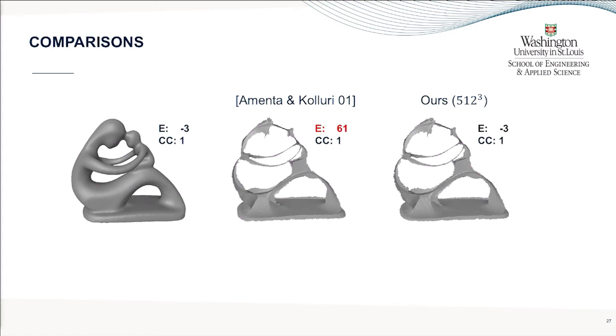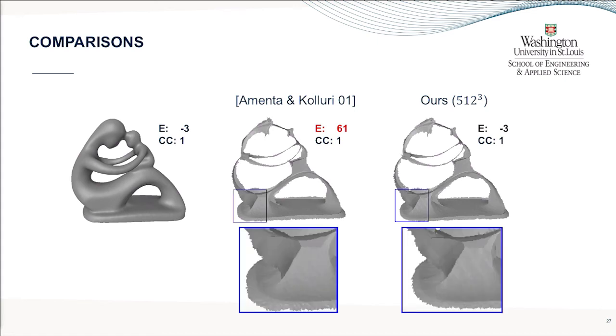I want to point out that the two medial axes are visually very similar, as you see in the zoomed-up view, which is interesting because we take our samples on voxel grids, and you would think that the medial axis would look blocky, but it turns out to be quite close because as you increase the voxel resolution, you get closer and closer to the two medial axes. And both methods take a similar amount of time and memory.